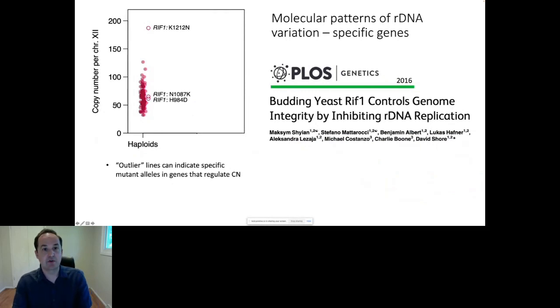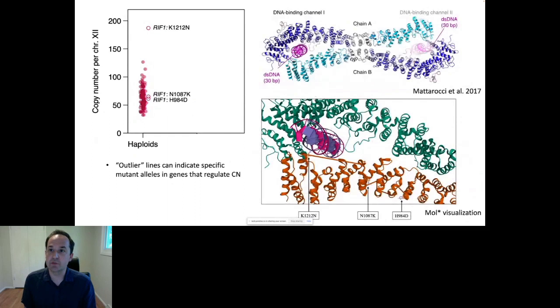To unpack this a little more, we had a look at where these mutations occur in the protein itself. This is a homodimer that hangs on to double-stranded DNA. Here, we're pointing to this K1212 mutation. That's probably occurring in an area that has contact with the DNA, whereas these other 2 mutations would not appear to affect contact with DNA.